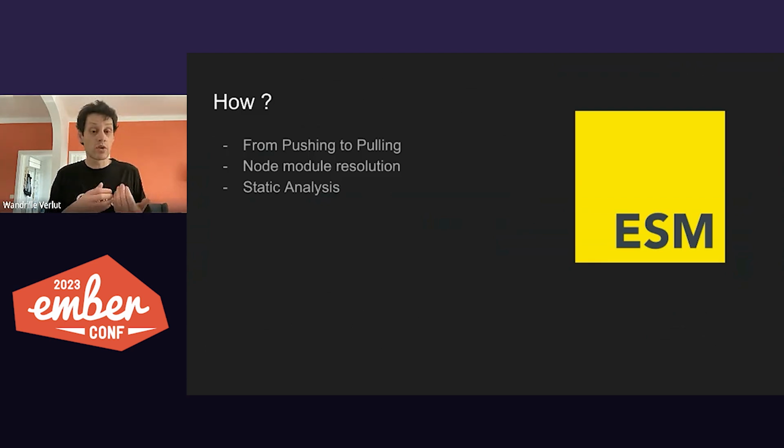So what Embroider Compat build is doing is transforming all of those Ember conventions into making a list of dependencies so that you don't have to write them down. In the end, you get a collection of ES modules that the package bundler can handle.